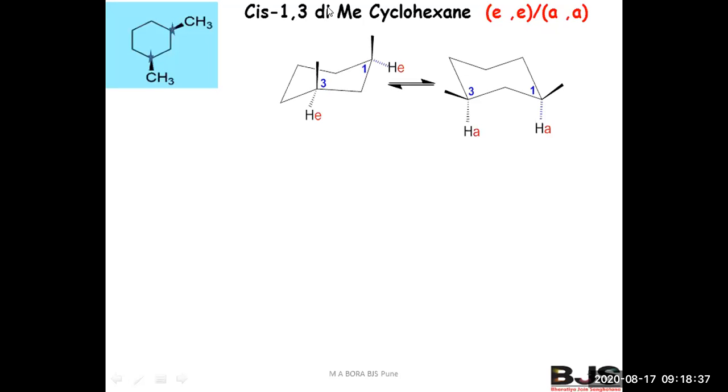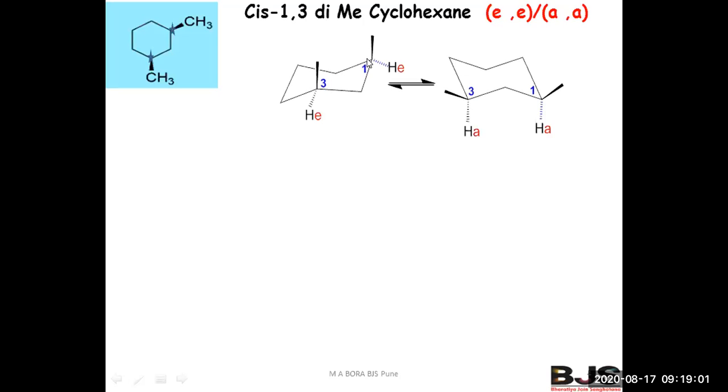So cis 1,3-dimethyl cyclohexane, see I have shown here both beta, and if I'm supposed to represent it in chair form, then if this is my first carbon, the beta will be axial, and the third carbon, which is alternate with respect to the first carbon, the next methyl will also come as a beta axial.